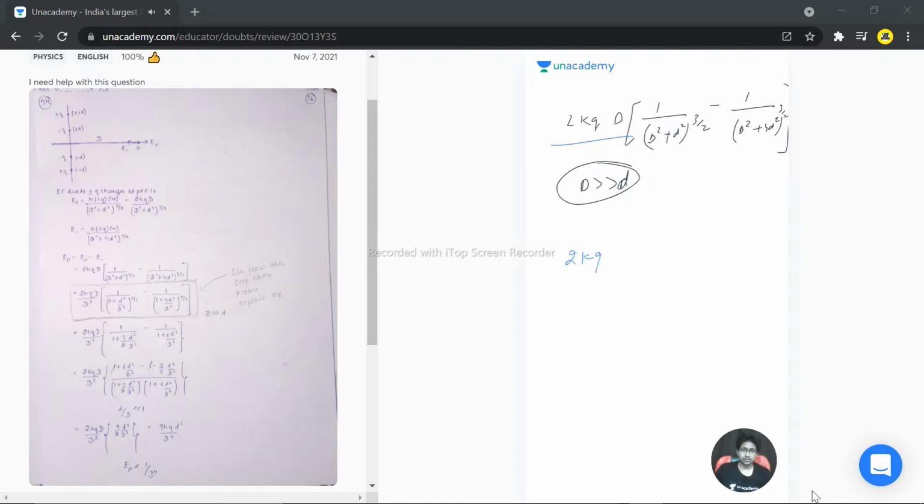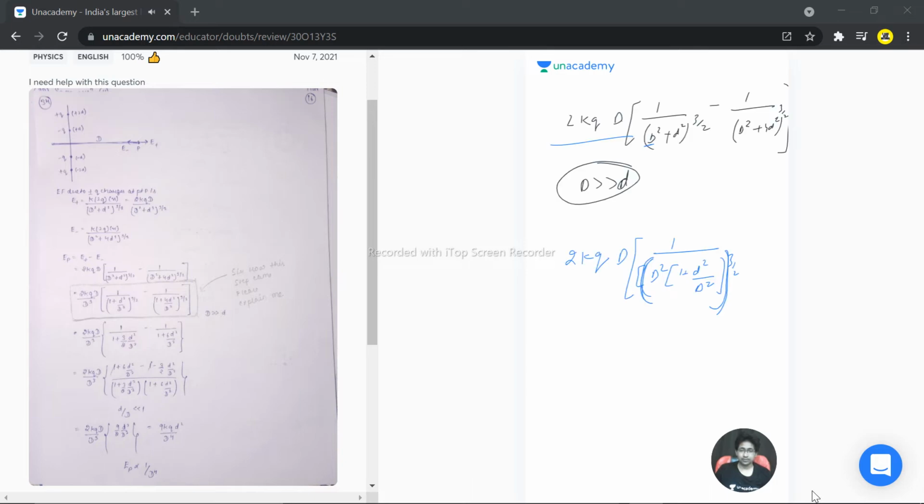We are writing this as it is, 2kq capital D. And now the important thing: if you look here, I'm taking this capital D out of the bracket. I'm writing D square as it is, and in bracket I get 1 plus d square by capital D square. Is that good? Means the bracket is on the entire thing. Okay, I'll solve this here only.